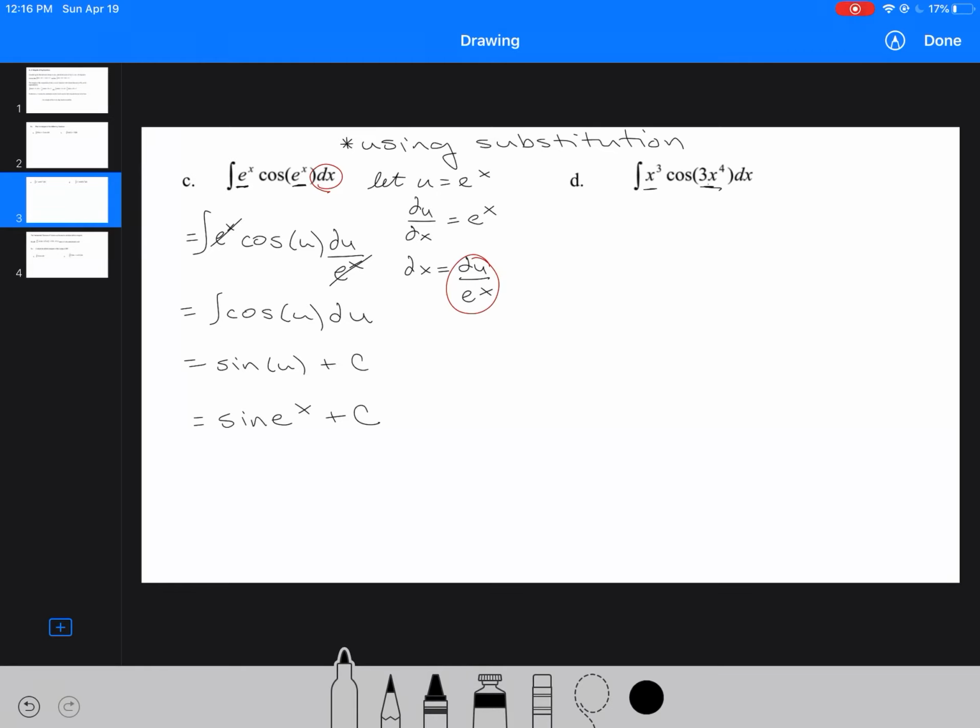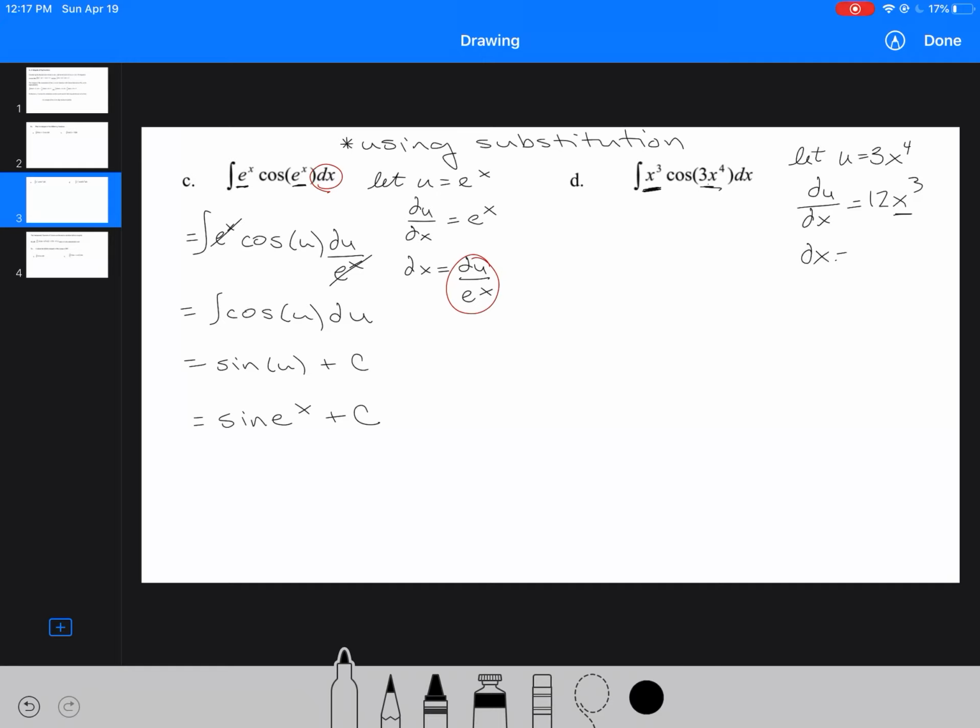So let's let u equal 3x to the 4, and we'll see what happens. So here we've got du by dx. Here we've got 12x cubed. So this is good, this x cubed part, because that matches what I have out here in front.